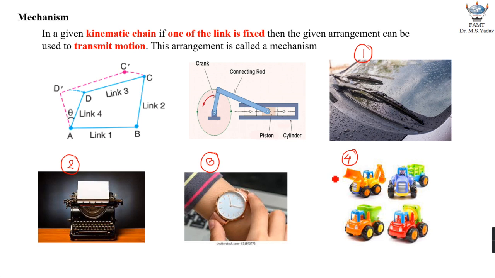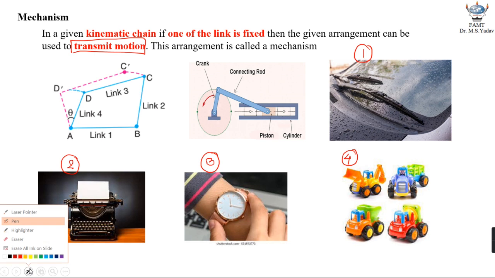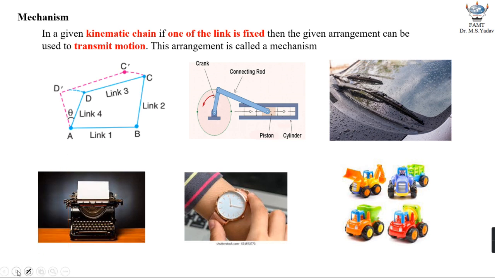All these are examples of mechanisms, and these practical examples are used to transmit only motion. So if in a given kinematic chain one of the links is fixed, then the arrangement can be used to transmit motion, and that arrangement is called a mechanism.